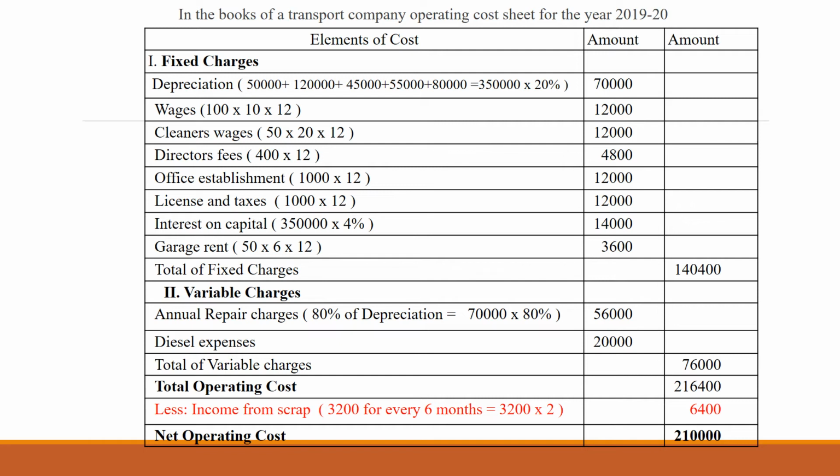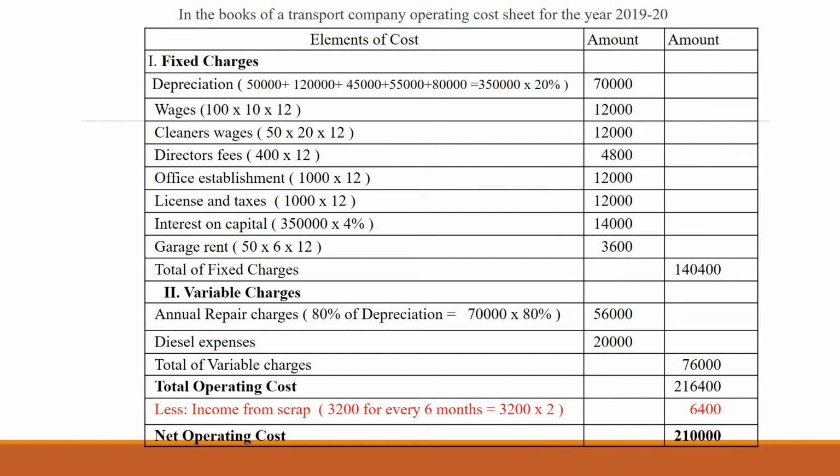So depreciation is 20%. Totally, by adding up the 5 buses' cost, it comes to 3,50,000. So 20% on 3,50,000 is 70,000. Wages: 100 rupees for 10 drivers for a year.